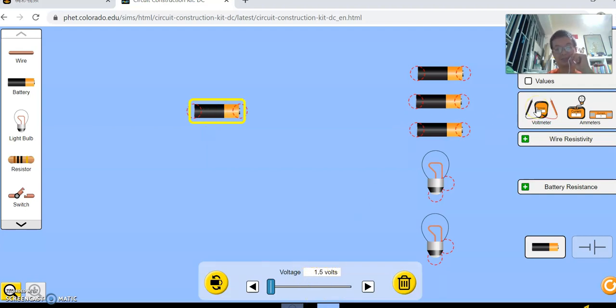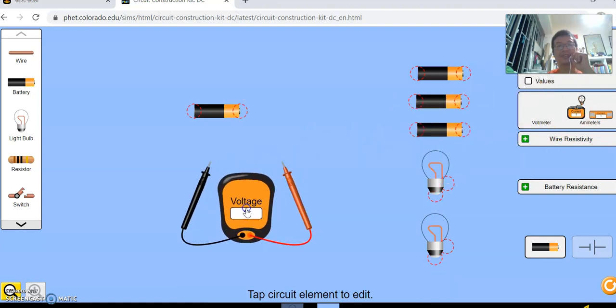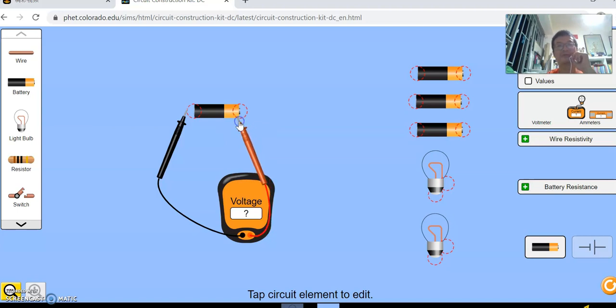Now let's drag out this voltmeter. With this voltmeter, I can measure its voltage. It should give me 1.5 volt. Okay, it's not connected yet. So you can see that's 1.5 volt.